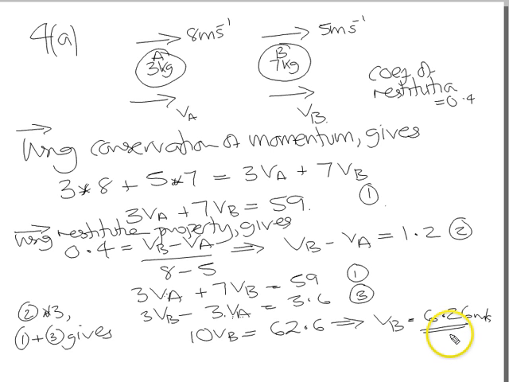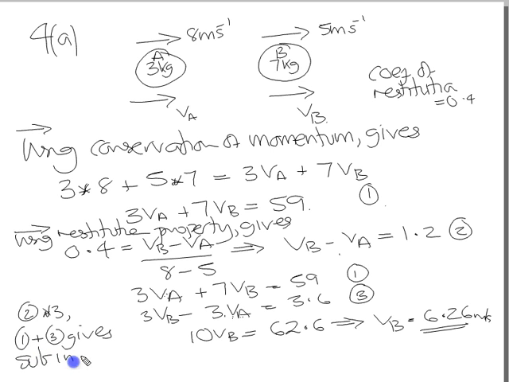Okay, so that piece of information is done. The question says calculate the speed of A and the speed of B immediately after the collision. So we just need to get VA now. Let's substitute into either 1, 2, or 3. The easiest one to substitute into is equation 2.